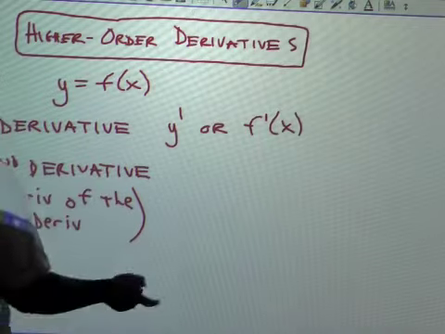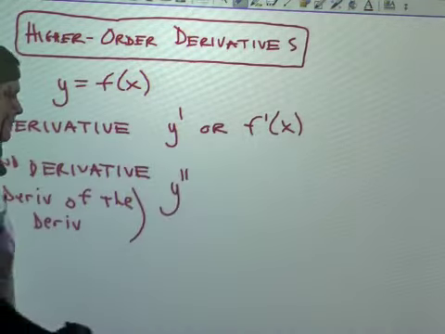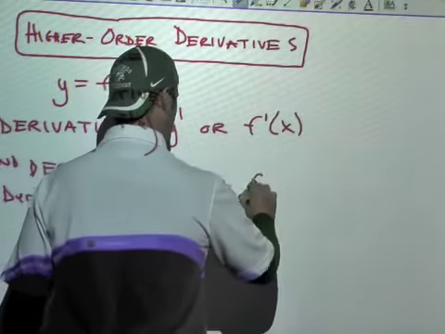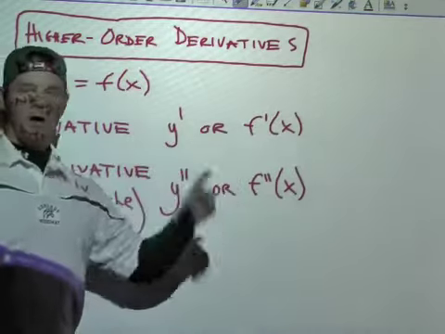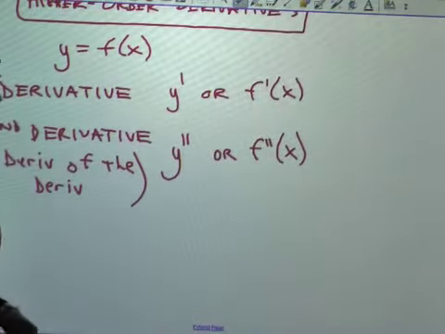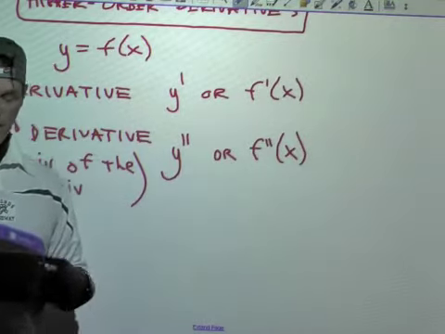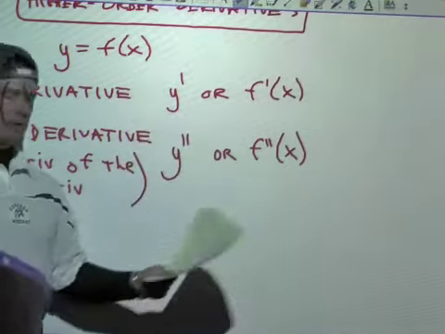It's really easy. But the notation is y double prime, or f double prime of x. So if you see two of those primes, that means do the derivative twice. Okay? And that continues on. We could have a third derivative, a fourth derivative. So for third derivative, you just use 3.